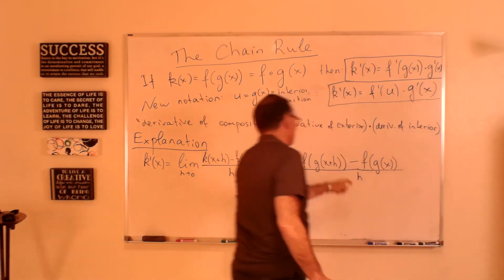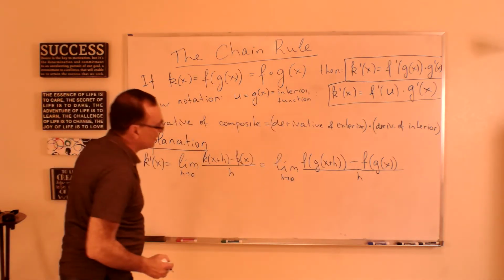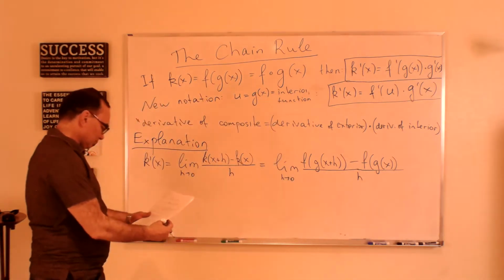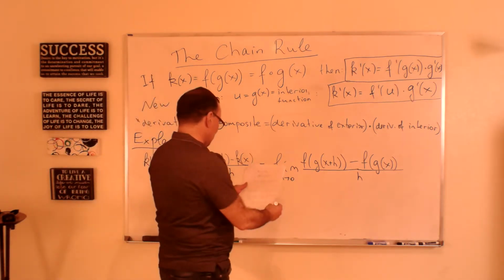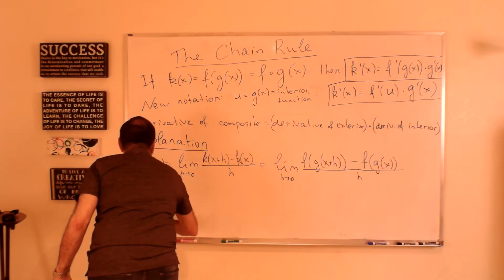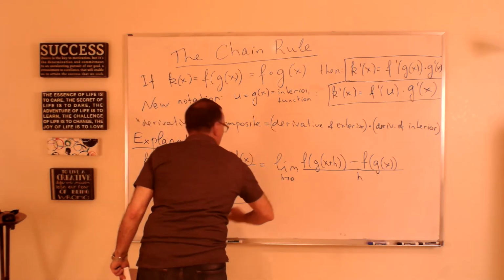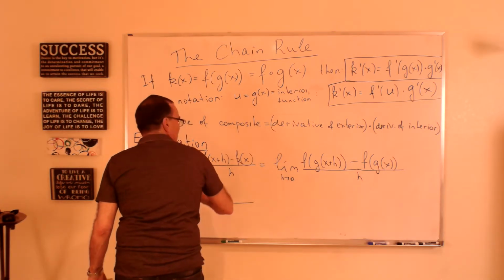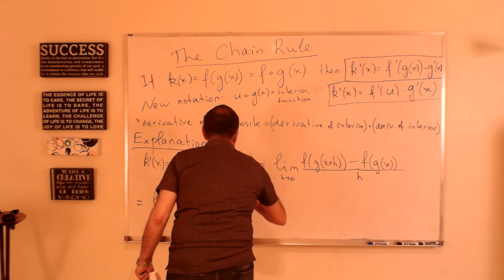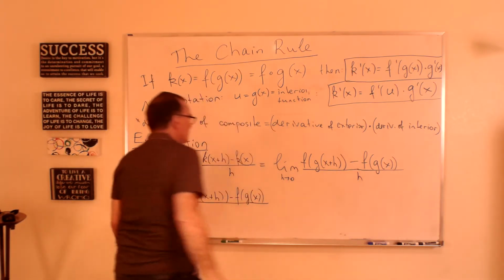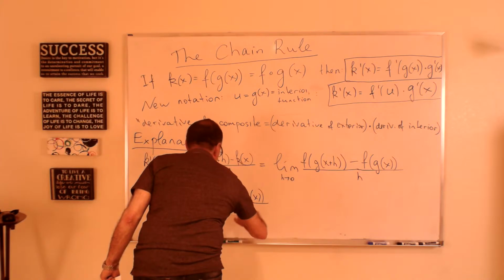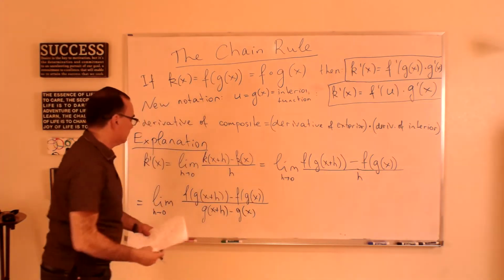So what kind of algebraic manipulations do we need here? Here's the following trick. We will multiply and divide the entire formula by the following expression: the limit as h approaches 0 of f of g of x plus h minus f of g of x, divided by g of x plus h minus g of x, assuming that whatever I divide over is not a 0.